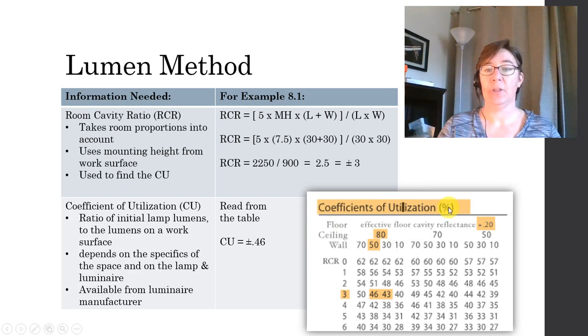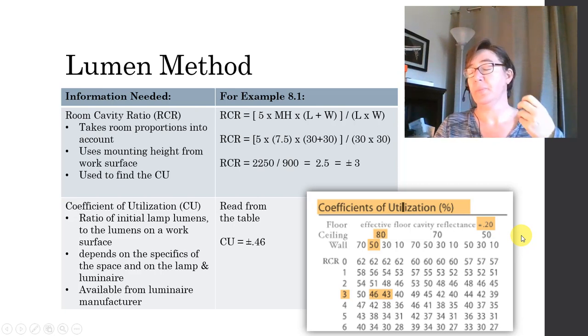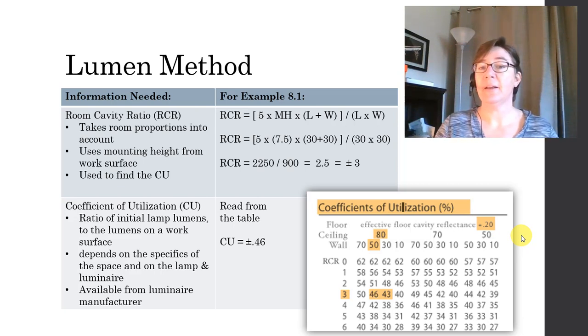It's the coefficient of utilization. And so it is specific to the reflectances of the floor, ceiling, and wall. So floor reflectance, we're in the 0.2 or 20% category. And then in this 0.2 or 20% category, you can choose from a ceiling reflectance of 80%, 70%, or 50%.